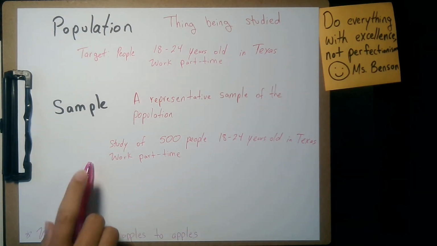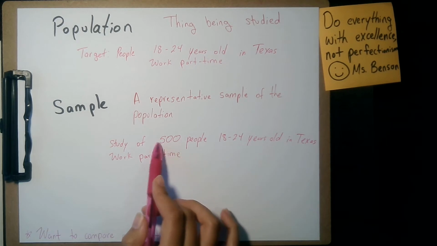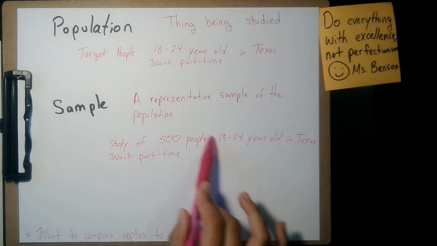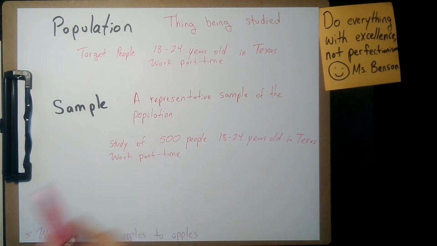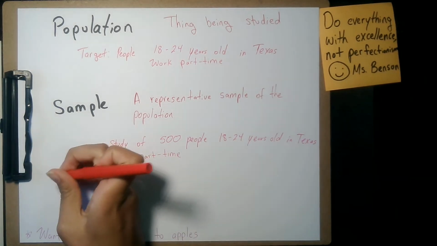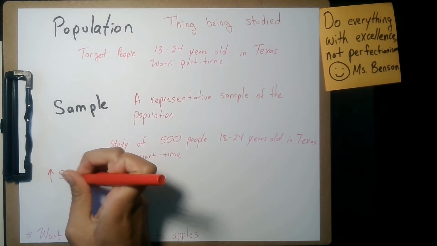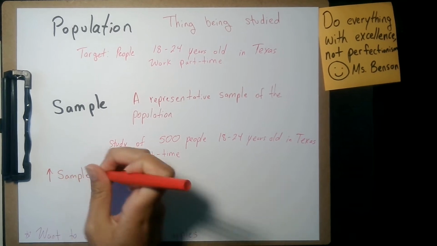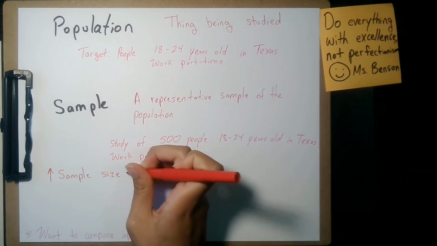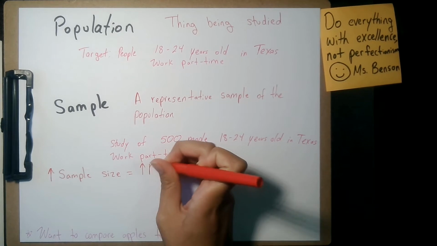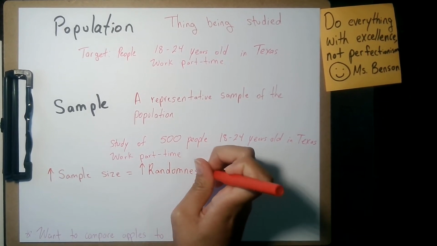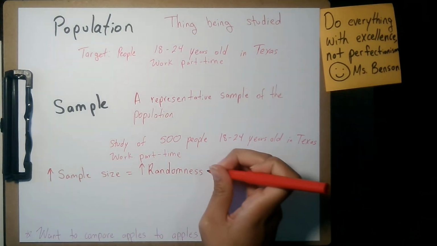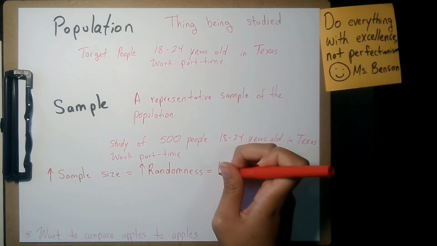And that's why having a bigger sample size, so including more people in the study, allows you to have more randomization. So, increase sample size, you increase randomness, and the more random something is, the less likely it is to be biased.